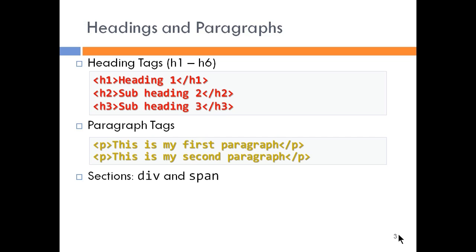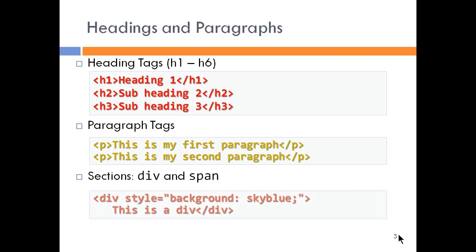Then next, these are the new ones, the division and span tag. This is one of the examples for the division tag. DIV, style, background, sky blue. So a division tag actually makes a division on your web page, and this division can be seen somewhat different from the other paragraphs.